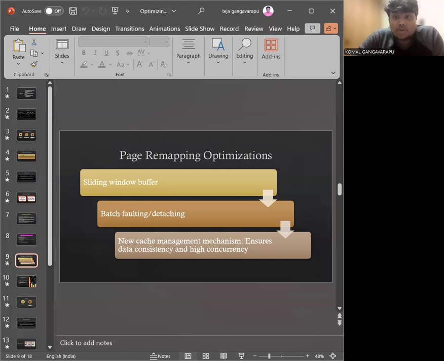These optimizations focus on improving data management through efficient page handling techniques. These page remapping optimizations include the sliding window buffer, batch faulting and detaching, and the new cache management mechanisms, which ensure data consistency and high concurrency.